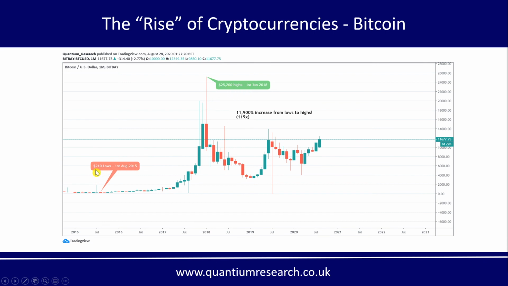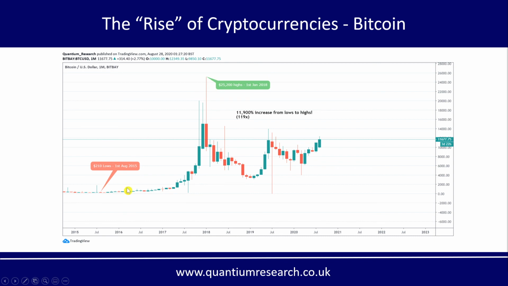Bear in mind the lows were at $210 just not even 3 years prior. It's amazing how these things even happen in the modern day. There was 119 times return on the initial investment if someone were to get in at those lows. Obviously, it's hypothetical. It's not guaranteed to get in under that circumstance and such favorable conditions.